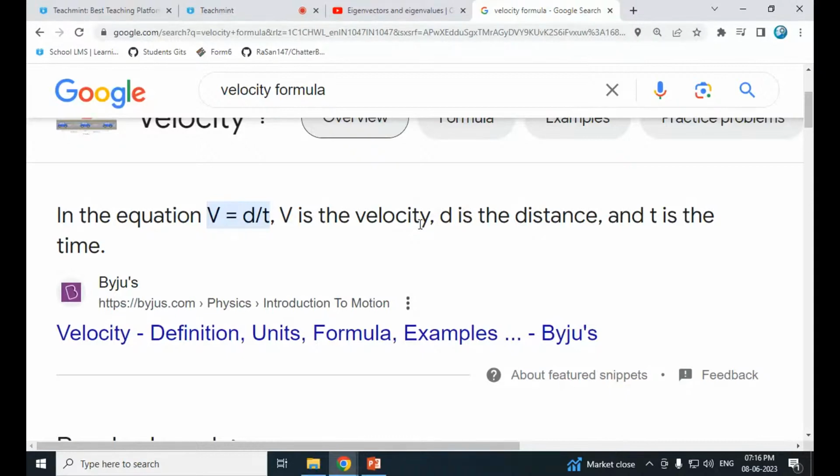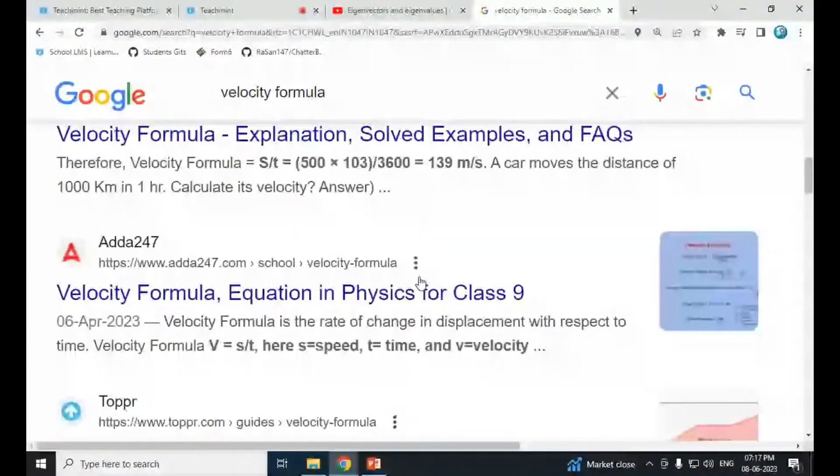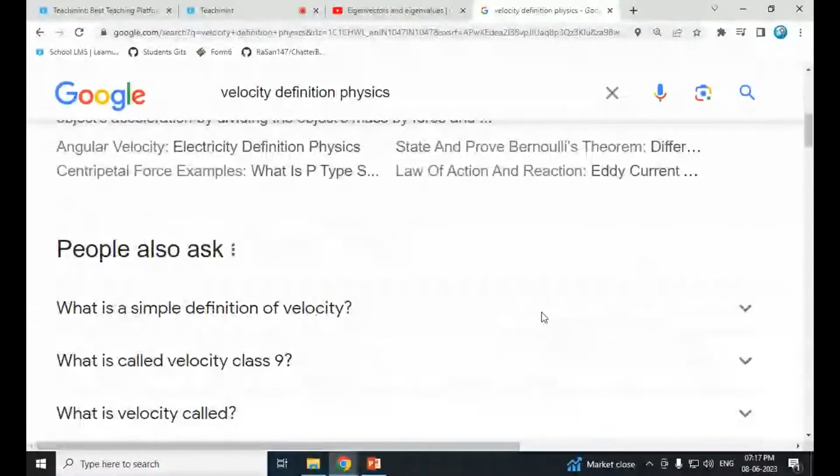So go through the definitions. Speed and velocity are different; the definitions are different. Okay, here it is.